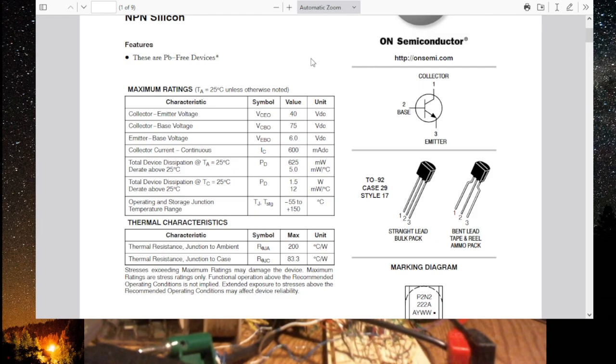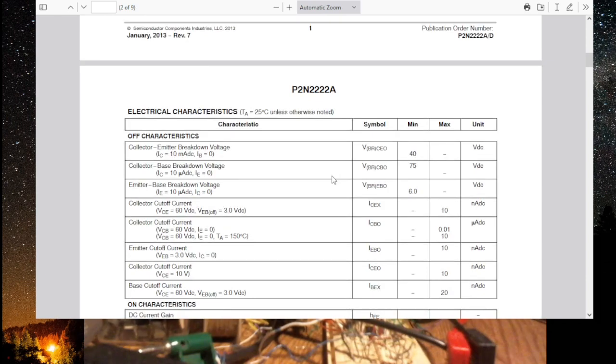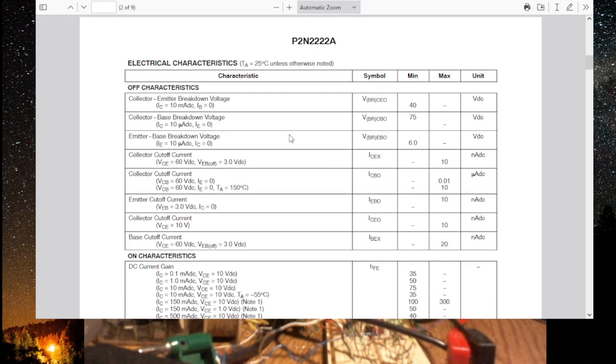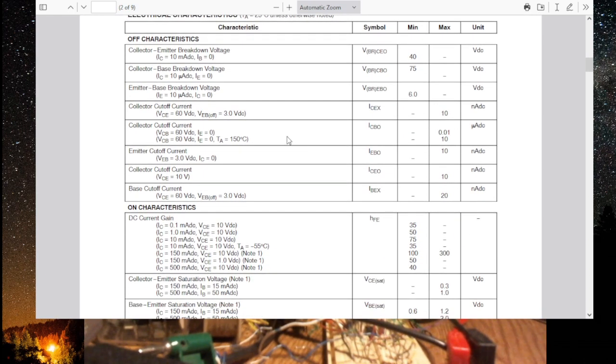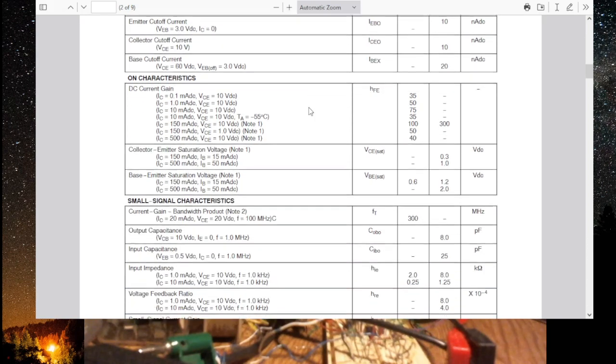enough on feedback fields. So this one here is the 2N2222, 600 milliwatts. This has total device dissipation. I don't care about that. 625, I mean, it's close, but we've got to get more specific here. What am I looking for? Maybe input resistance, DC current gains.